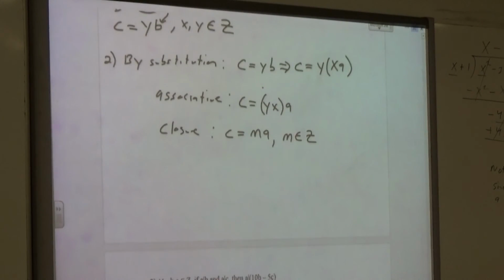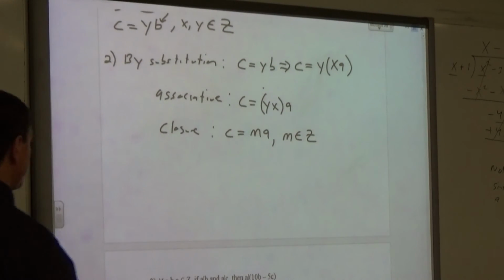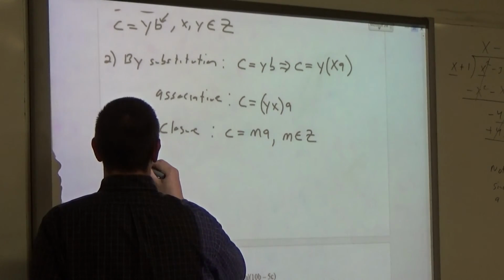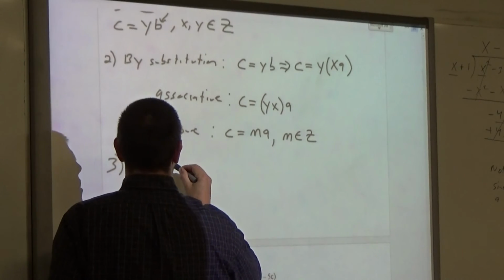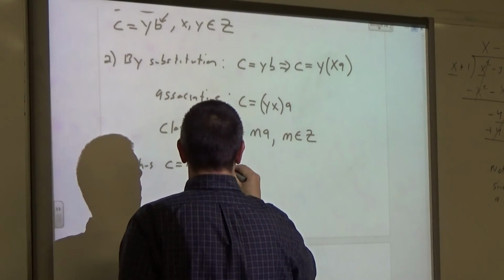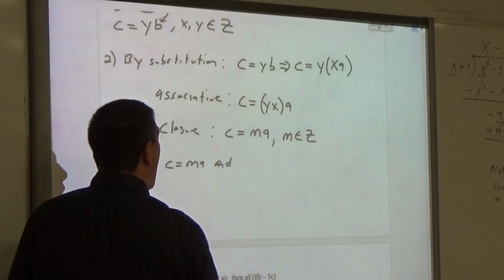Okay, so let's go ahead and finish off this proof. Can't we say that by above, or thus, C is equal to MA and contains a factor of A?